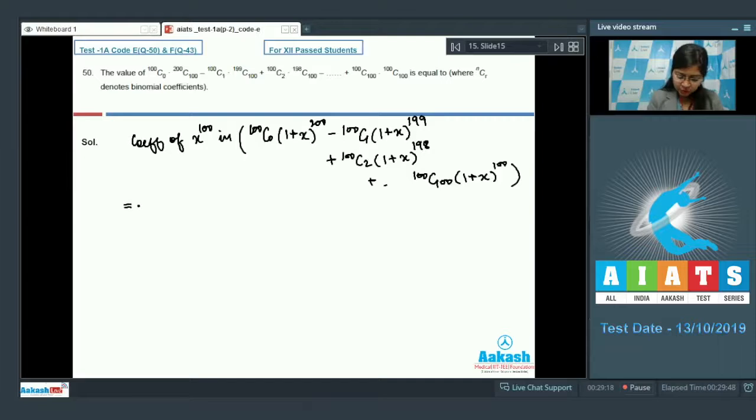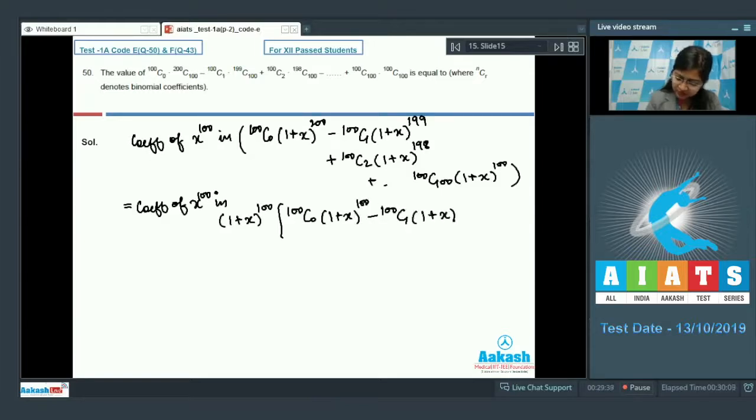So this is equal to the coefficient of x raised to the power 100 in. Now let's take (1+x) raised to the power 100 common. So we will be left with 100C0 (1+x) raised to the power 100 minus 100C1 (1+x) raised to the power 99 and so on up till 100C100, right?